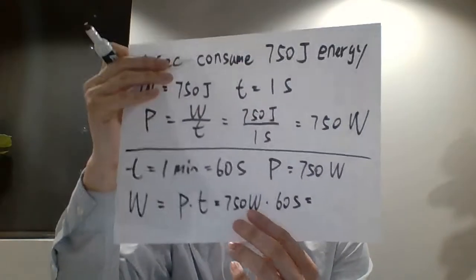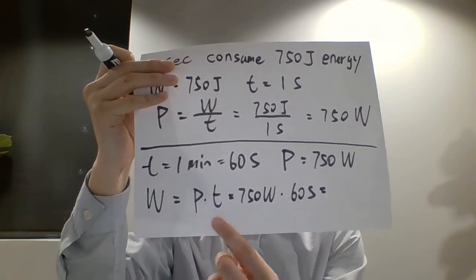Now W, the energy, equals P times T, which is 750 watts times 60 seconds. That's 750 times 60. How much is that?